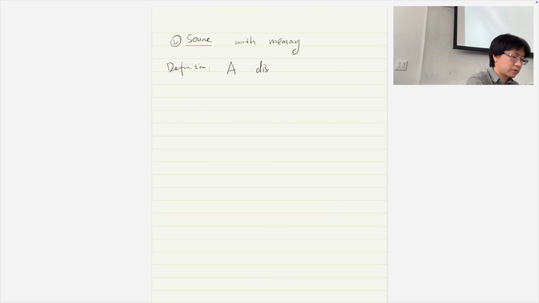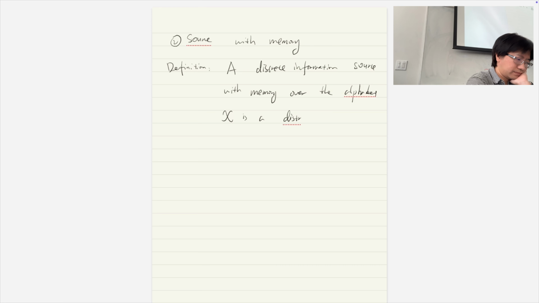We say a discrete information source with memory over the alphabet X is a discrete-time random process.